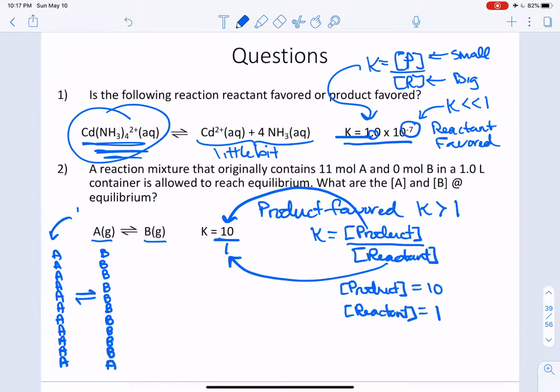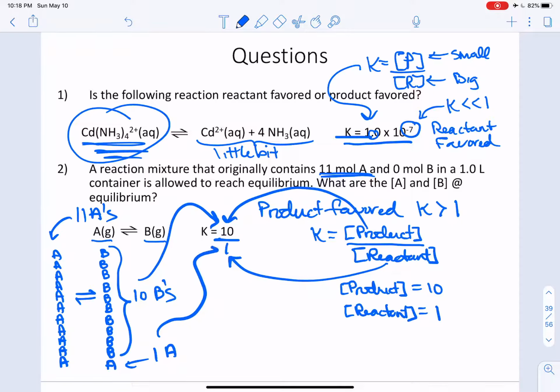So we have 11 A's there, and it says we originally had 11 moles of A. So if you think of that as like 11 molecules of A or 11 A's, and we don't have any B's at the beginning of the reaction, but we let the reaction go, what we're going to get is 10 B's, and we'll have 1 A. The concentration of B's at equilibrium, that's the product, goes on the top, and the concentration of reactant at equilibrium goes on the bottom.